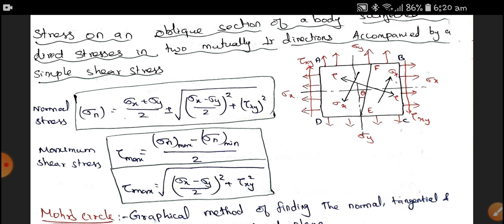Here the maximum shear stress tau max is equal to sigma n max minus sigma n min divided by 2, that is, tau max is equal to square root of (sigma x minus sigma y by 2) the whole square plus tau xy square.